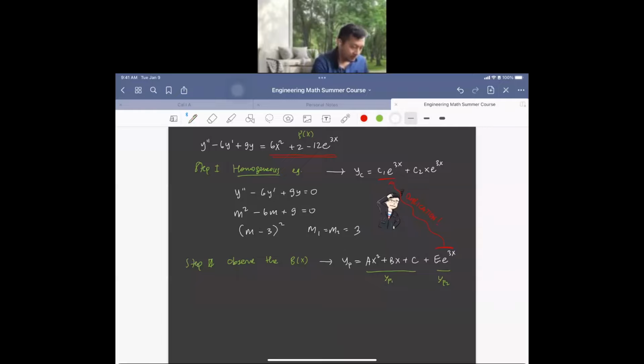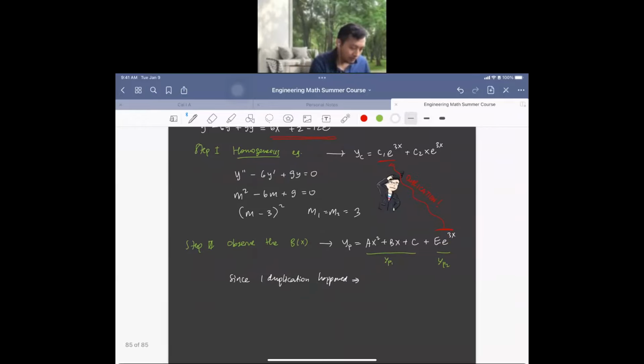Okay, so try multiplying with x. So first, since one duplication happened, let me write here the logic for the process. Then we first multiply with x, but it still duplicates the second one, right? Still duplicate.